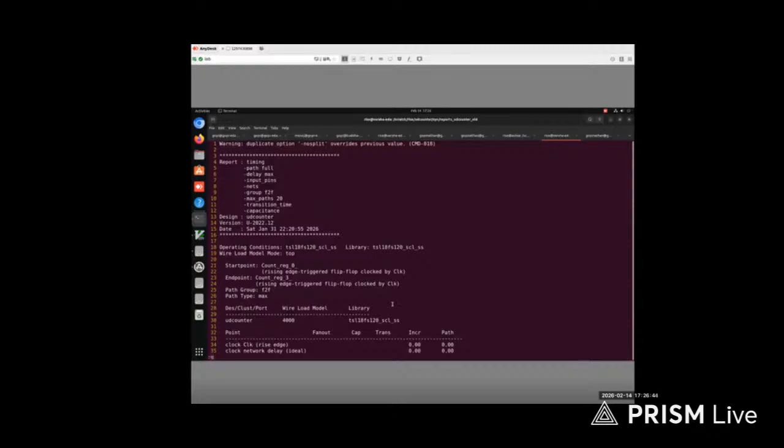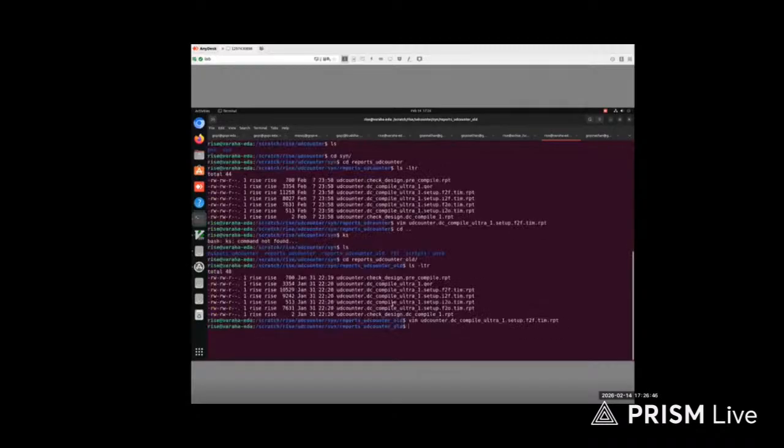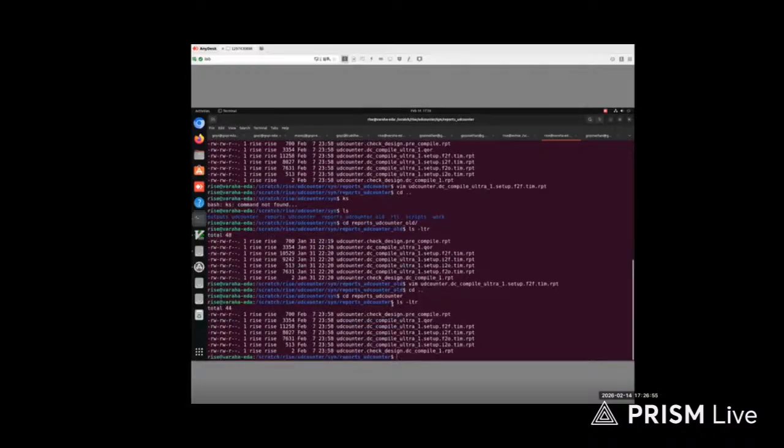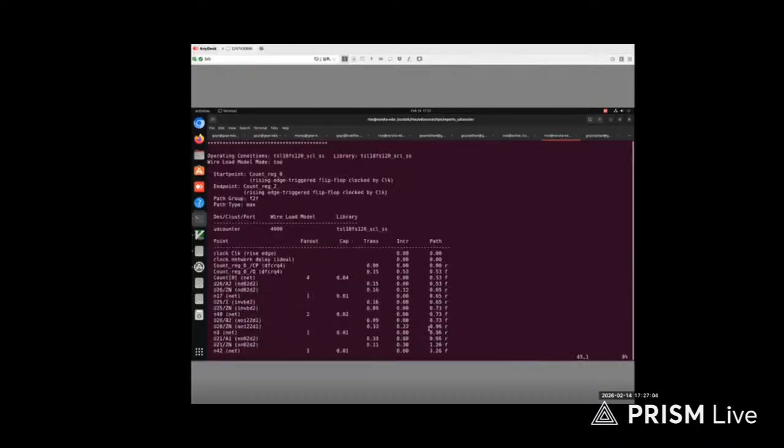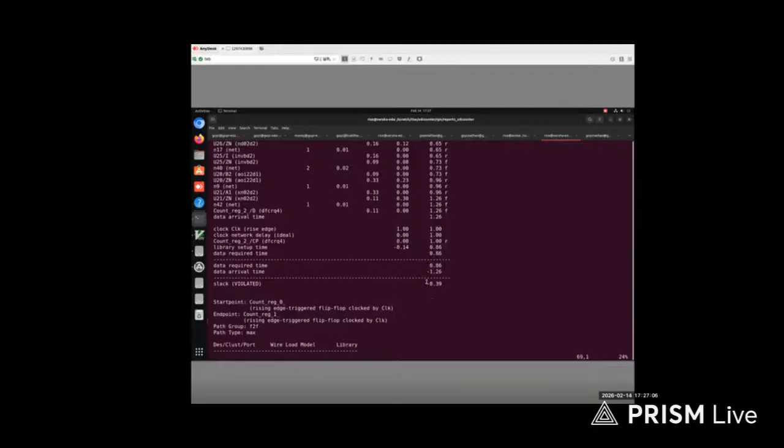Suppose, okay, now if I am saying for 2 nanoseconds it has met, for 1 nanosecond I have run the design, and I see that my timing is not closing, okay. I see that my timing is giving us minus 0.39. Now what should I do for me to meet for 1 nanosecond?